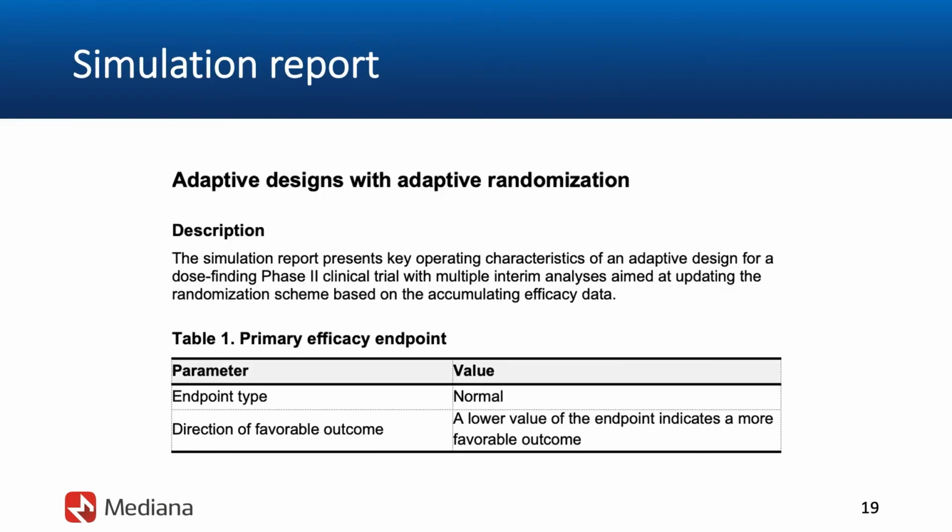First of all, very quickly, I would like to show you the title page of the simulation report. Once again, it's a Word document. It provides a detailed summary of all of the assumptions that went into the process of designing this trial. The assumptions are presented in tables 1 through 7. On this screenshot, you only see table 1. Again, this is a multi-page document.